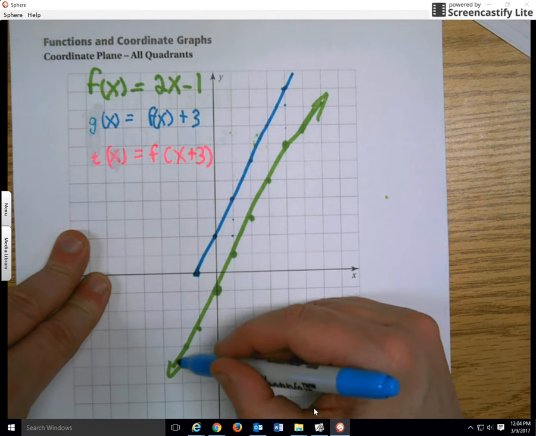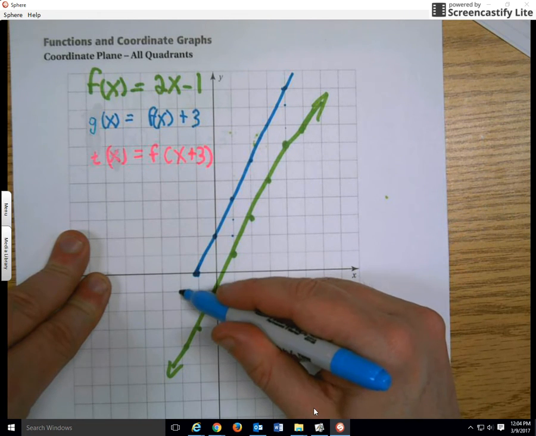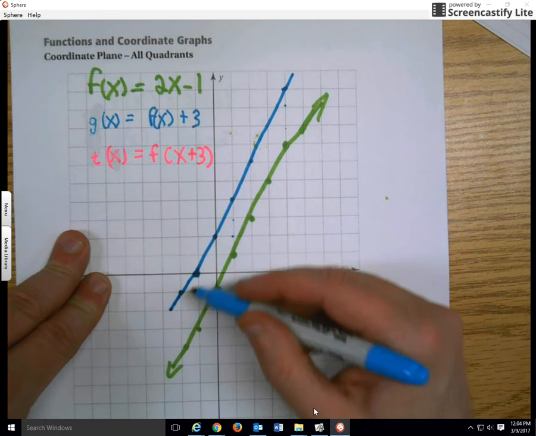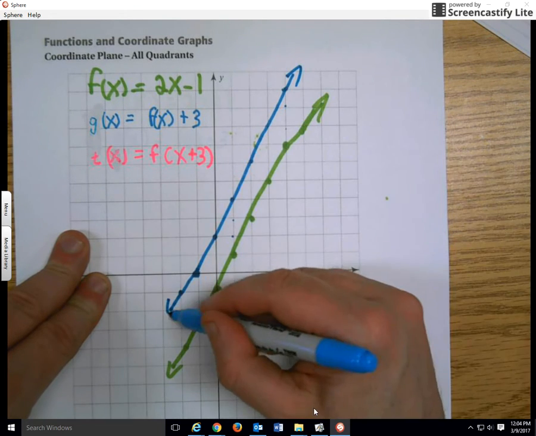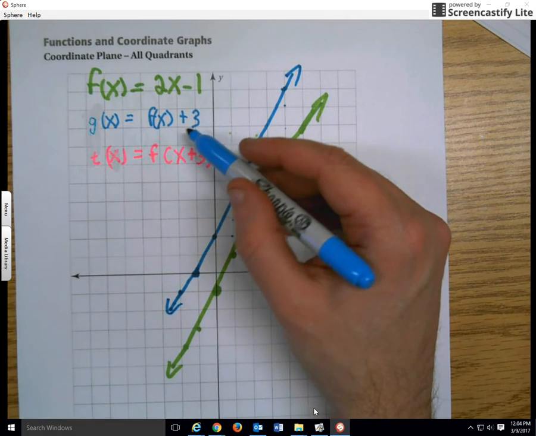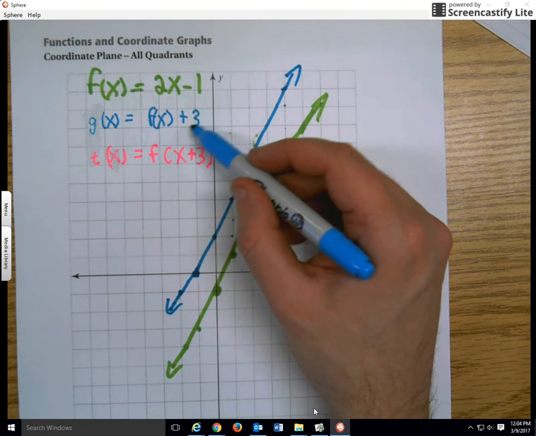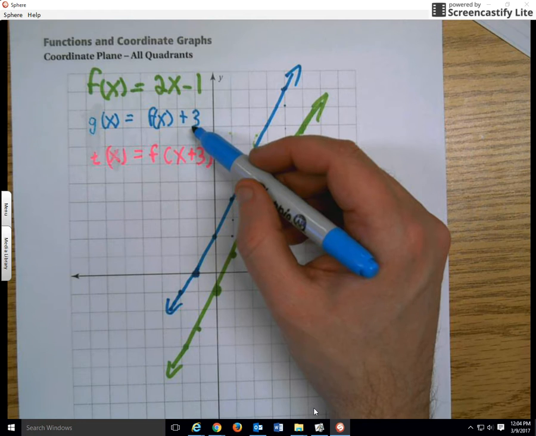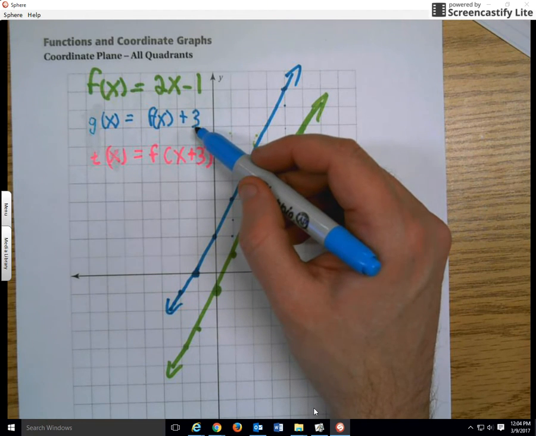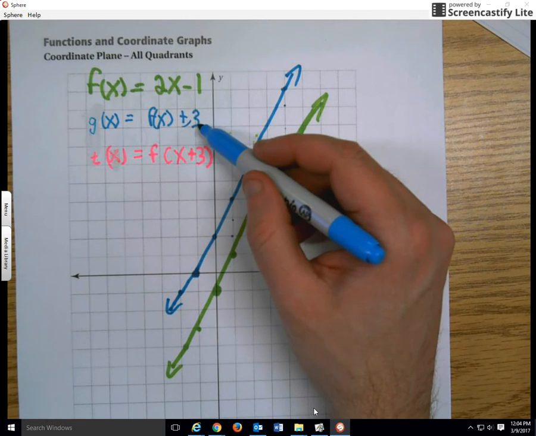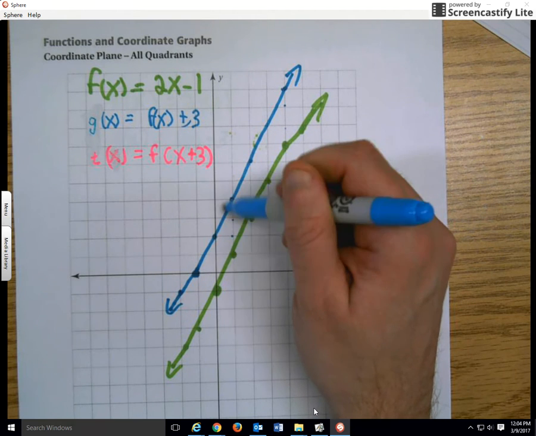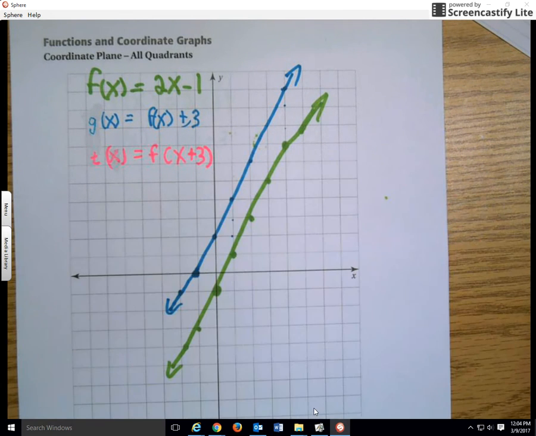Okay, let me do one more down here. And so we see that when it's being added to at the end, it's not inside the parentheses, it's a vertical translation up because it's positive 3 units. So you take this line, you move it up 3 units.